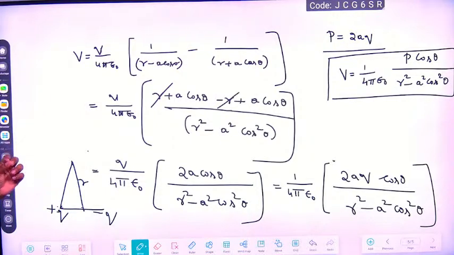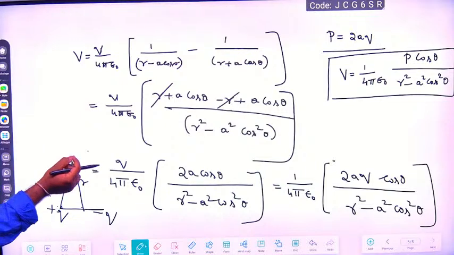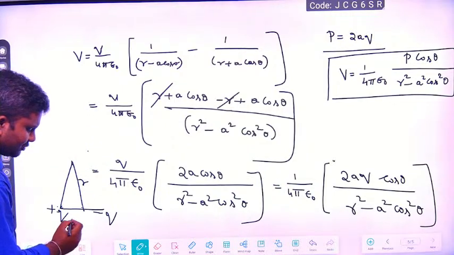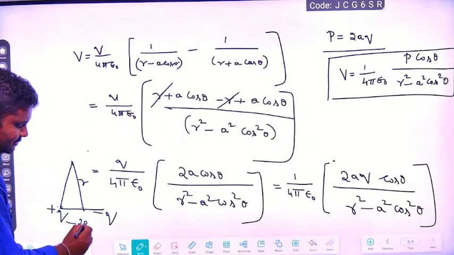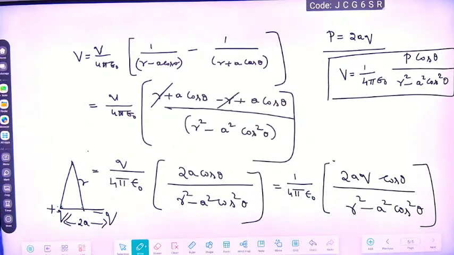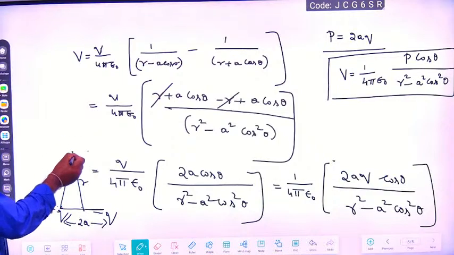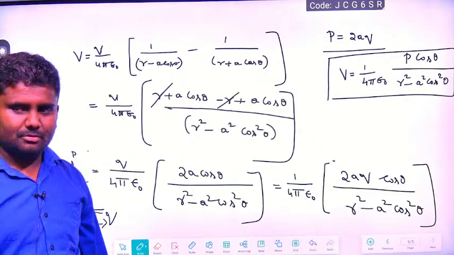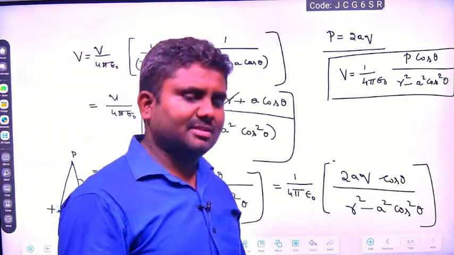An ideal dipole is such that the distance between the two charges is very small. Distance 2A is very small. If 2A is very small, A is much smaller. But the distance from the center of the dipole to the point P will be larger, whether axial or equatorial.